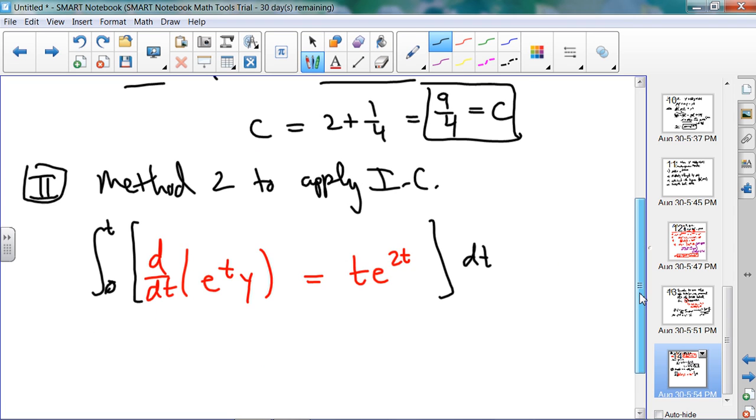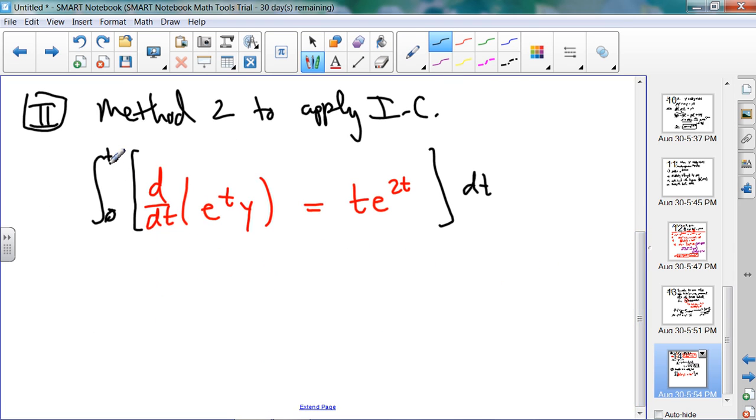To be more proper about this, this is sort of not kosher, because we're differentiating with respect to t, and then we're also integrating with respect to t. So there's a little bit of confusion of what variable is being differentiated and integrated. What I should write to make it proper is some other variable, maybe s here and s here, but I'm just going to keep it with respect to t, because we'll see what happens pretty easily.